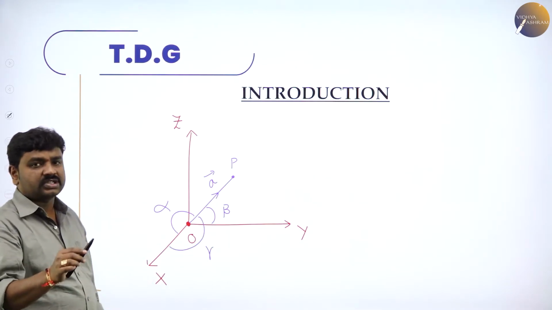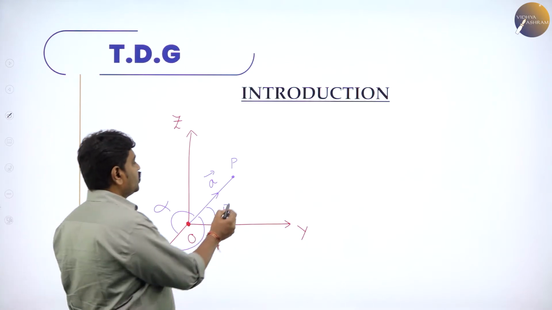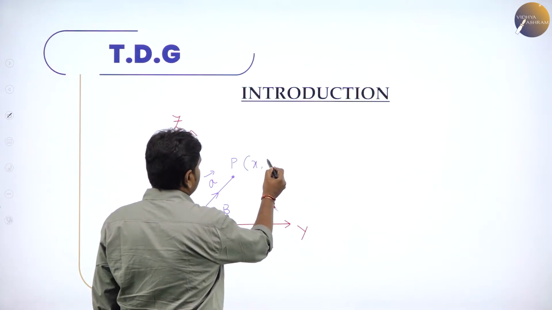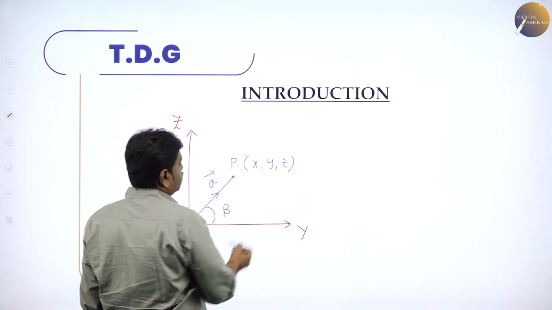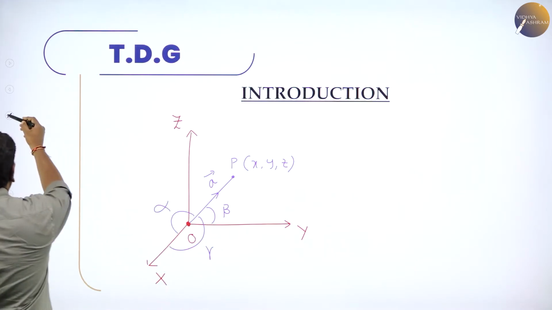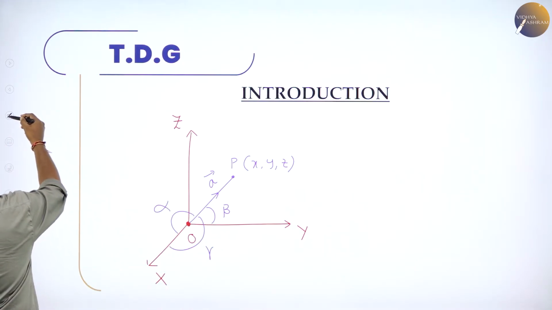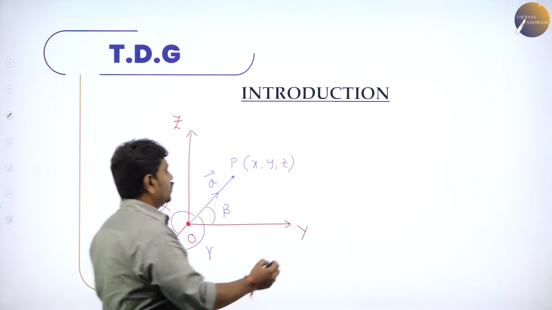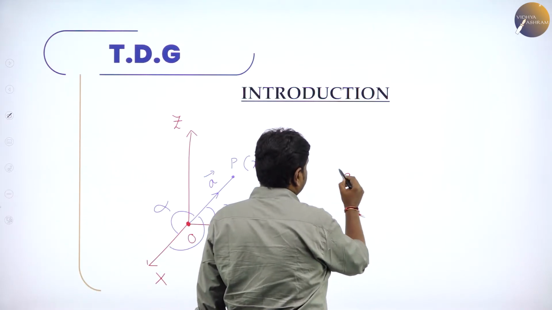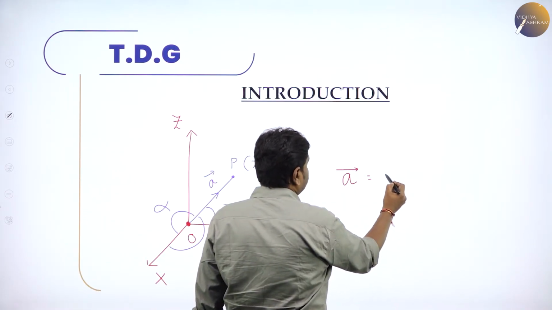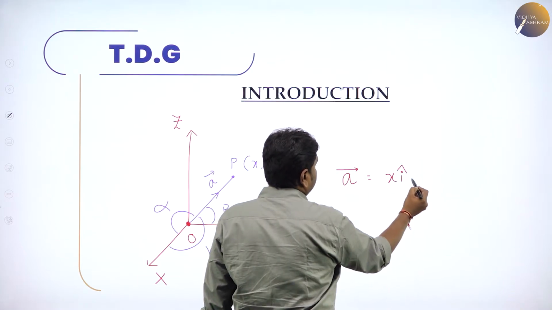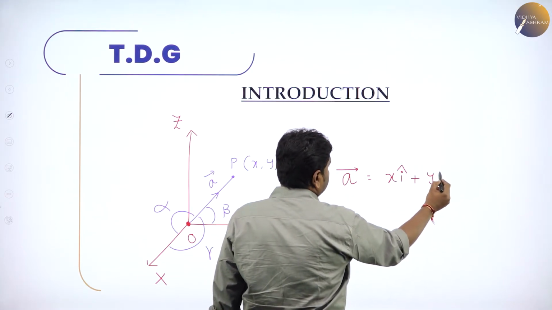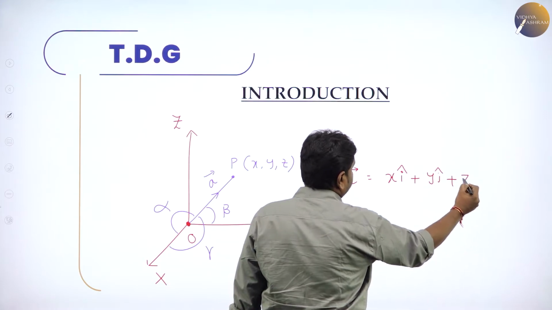Then cos alpha, cos beta, cos gamma, we call them as direction cosines. This point is x, y, z. Now we can write this vector A is equal to x i cap plus y j cap plus z k cap.